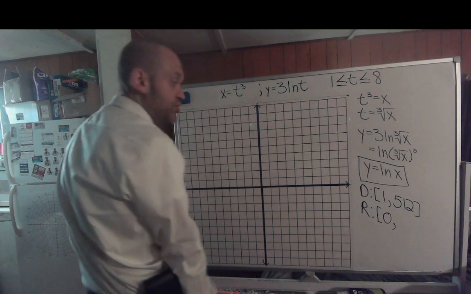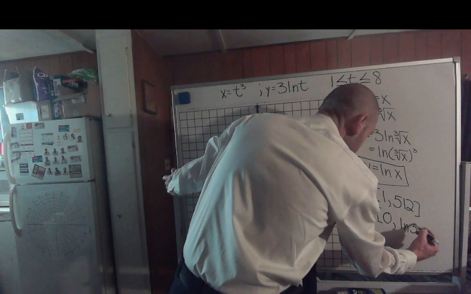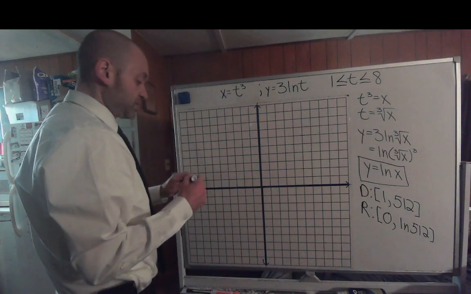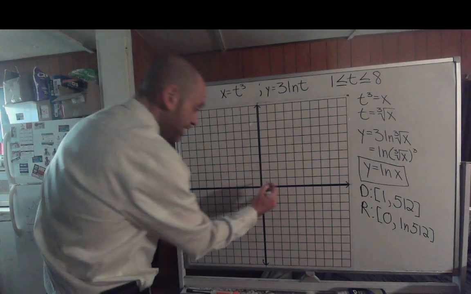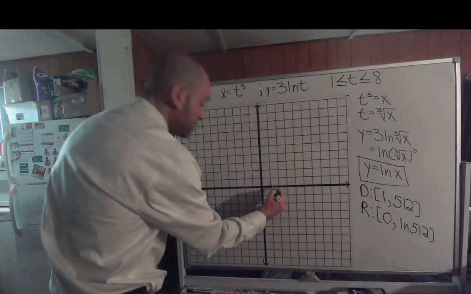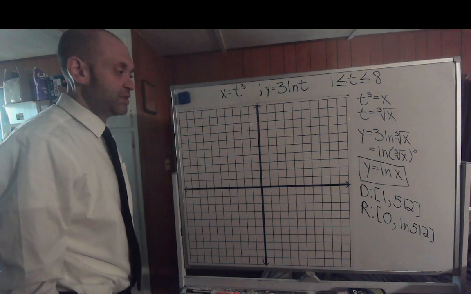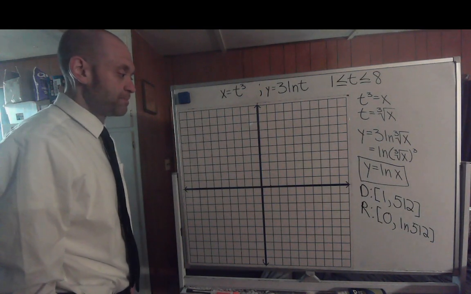And then, well, the natural log of 512 is just that. The range would be from 0 to the natural log of 512. So when I pick x equals 1, I get a y value of 0. And we're definitely not going to make it to 512. No, not even close. I wouldn't have enough room on this board to do that.